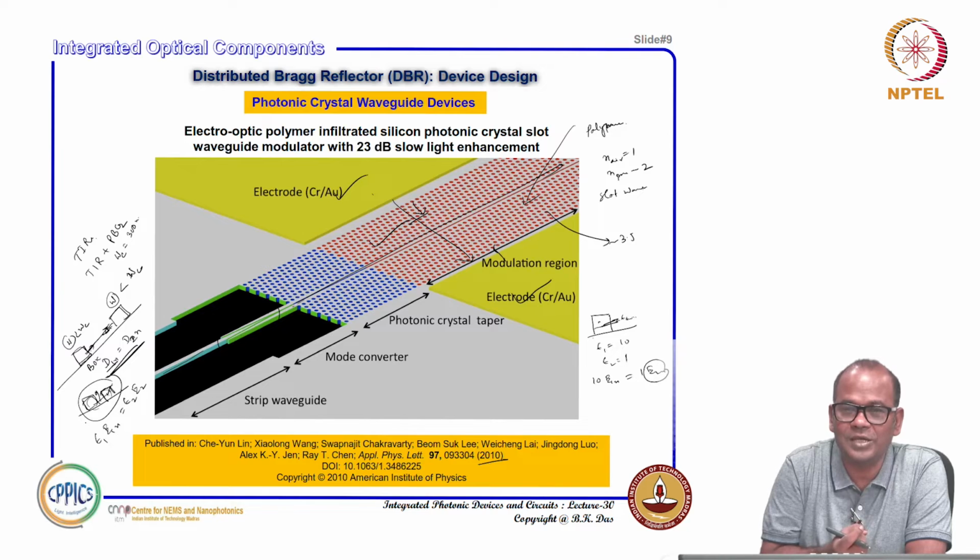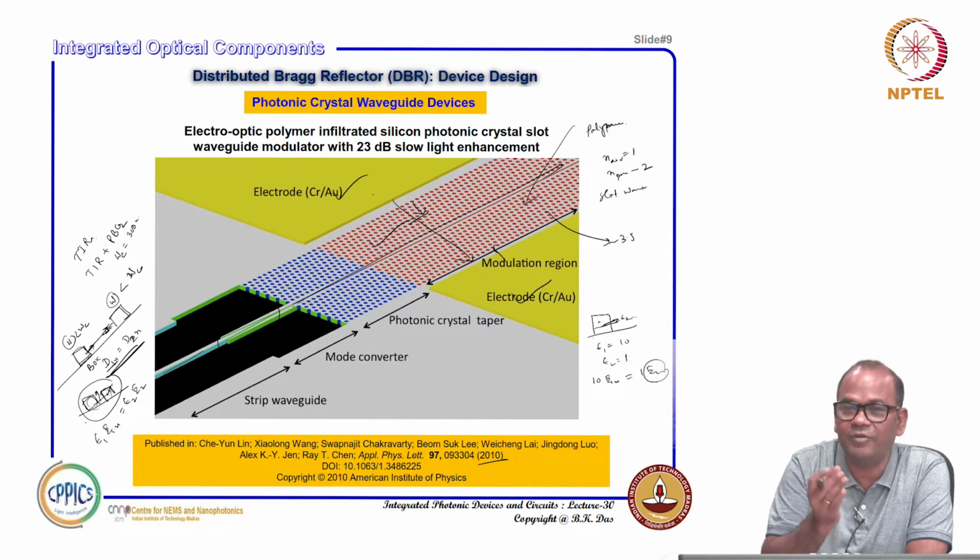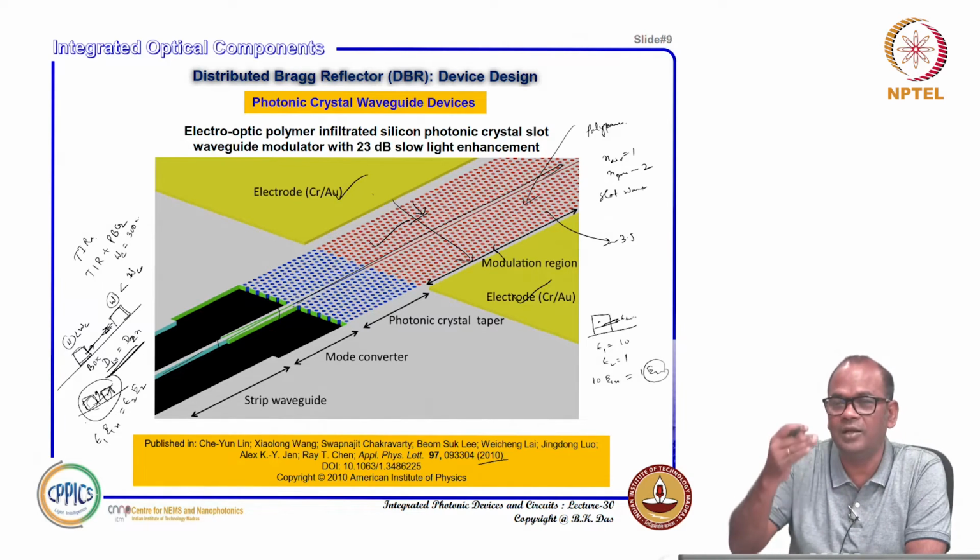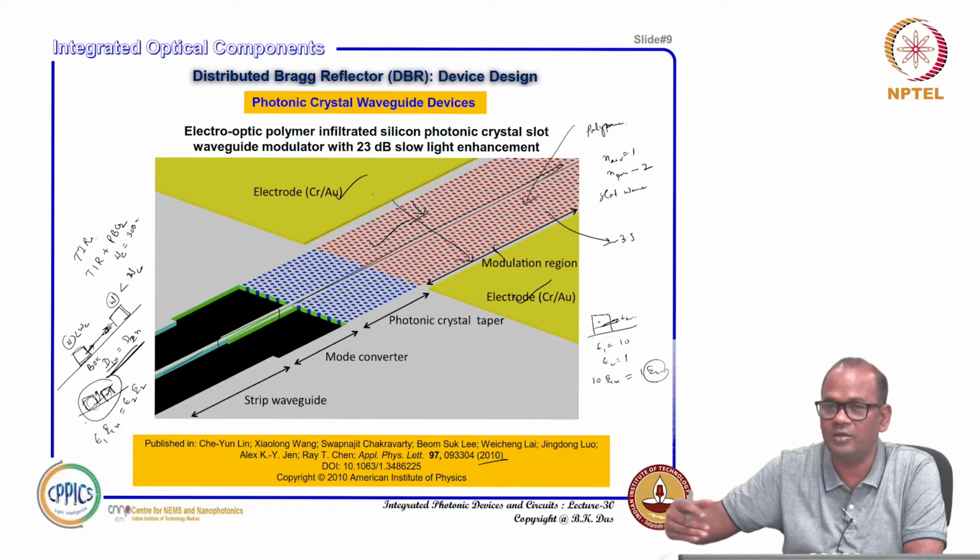Normally in a standard single mode waveguide, the core region refractive index is high, where the electric field strength is higher. As you go towards the cladding, the electric field strength reduces, exponentially decaying.